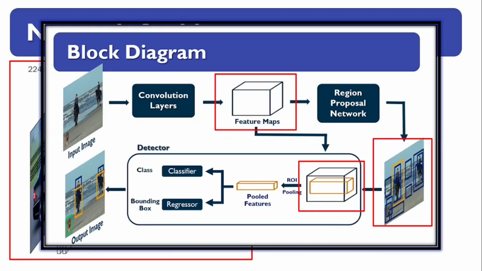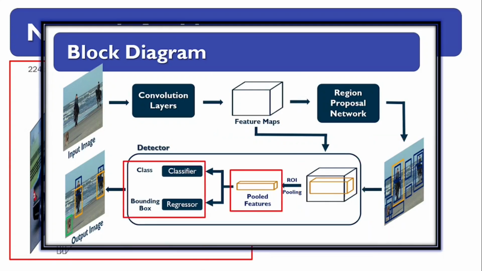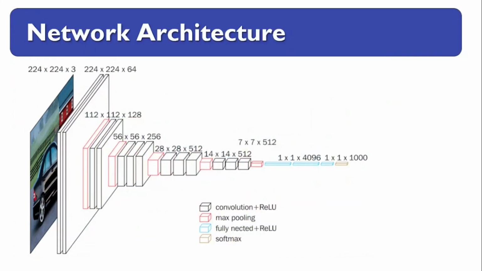Next, let us now try to understand the architecture of the classifier and regressor, which uses these fixed size features. For that, let's come back to this VGG16 network. We use these fully connected layers highlighted in red both for the classifier and regressor, but with a slight change.